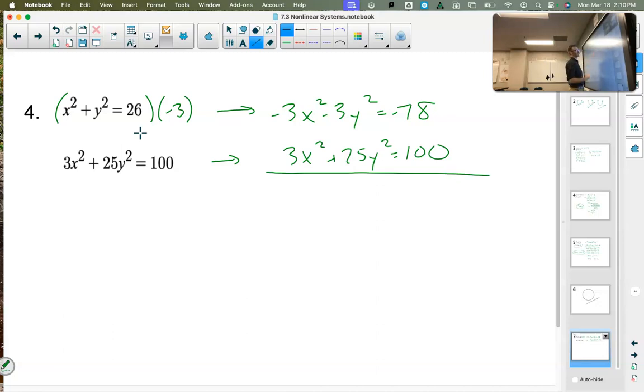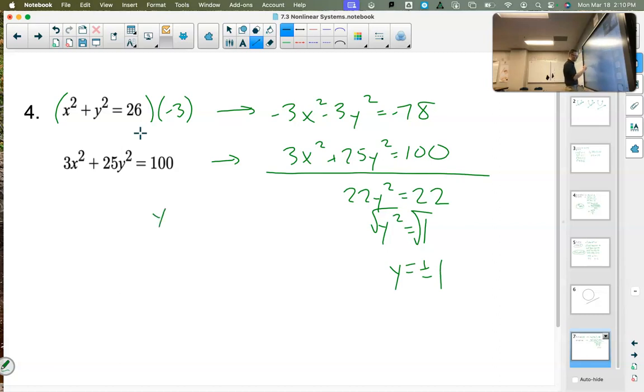All right, add them together. X squared's gone. 22y squared equals 22. Dividing by 22, y squared equals 1. Solving for y, I get y equals plus or minus 1.